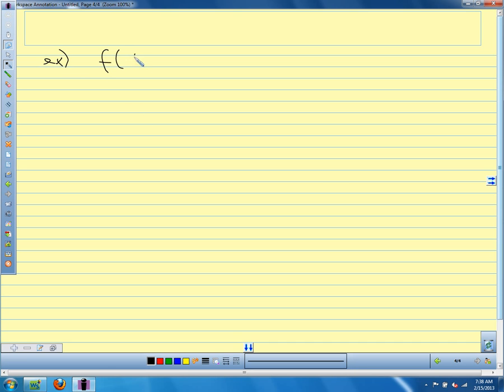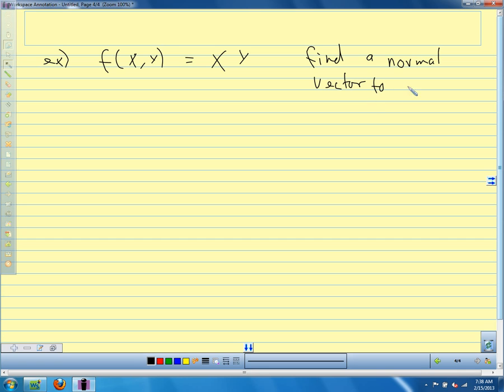We're going to say f of xy equals xy. We want to find a normal vector to the level curve of f of xy equals 3 at -1, 3.